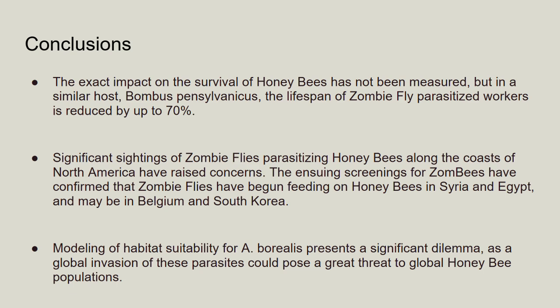We know that there are confirmed screenings of Apocephalus borealis having a presence in Belgium and South Korea. We have not found any confirmed flies, but an RNA nucleotide sequence that is unique to Apocephalus borealis has gained a 100% match in those screenings.